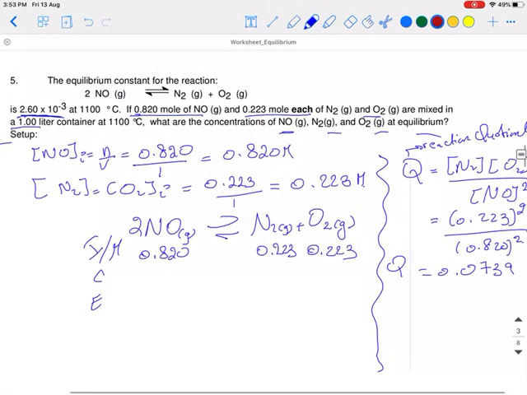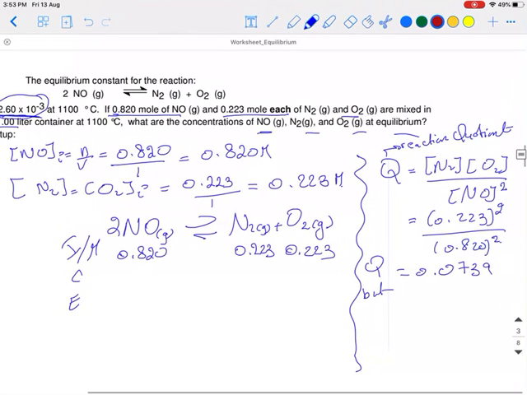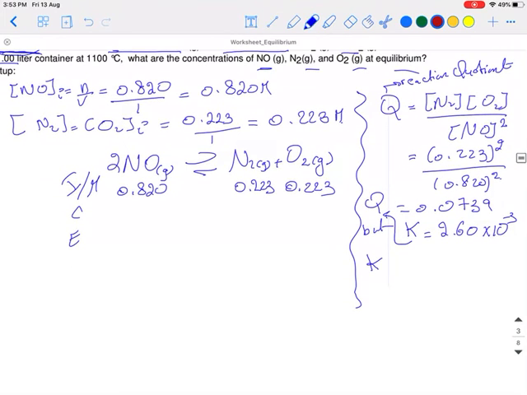Let us compare it to K, which is given as 2.6 times 10 to the negative 3, which is smaller than Q. So Q is greater than K.